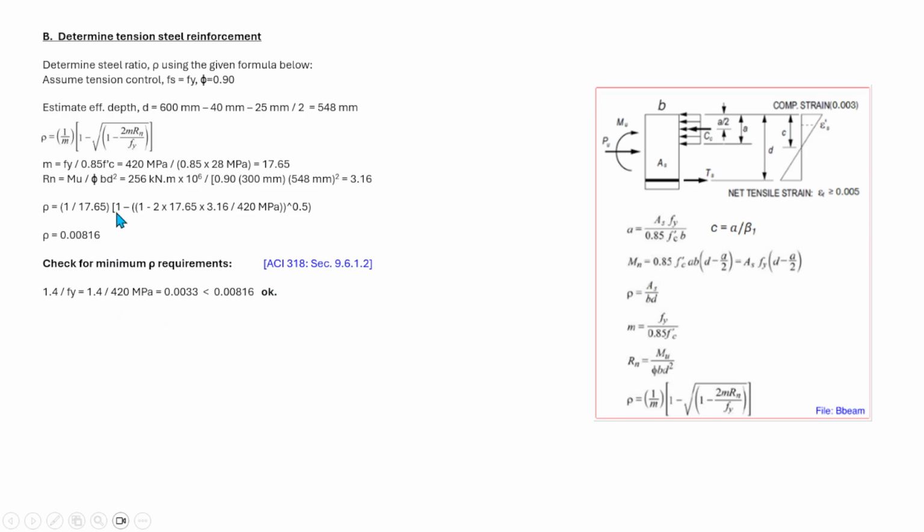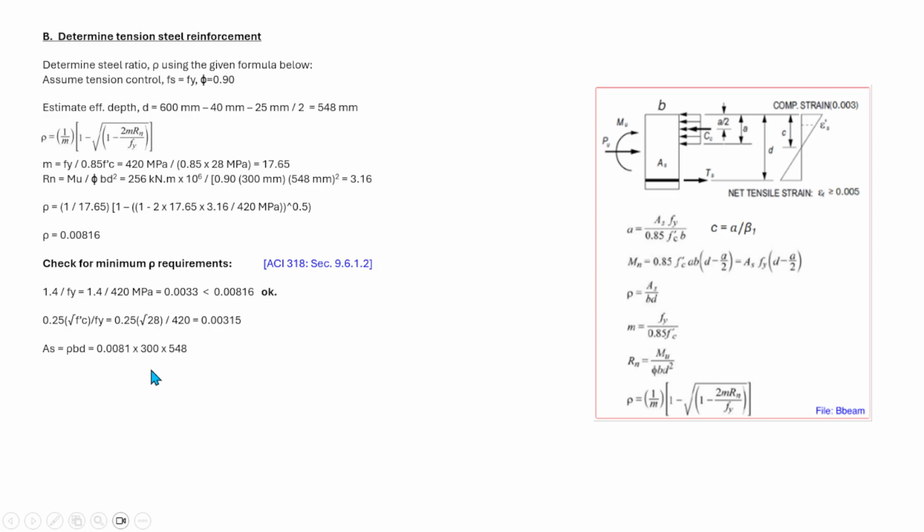So we are okay to use this one, which is the governing one. The second provision is 0.25 times the square root of fc prime over Fy, which is equal to 0.25 square root of 28 over 420, equal to 0.00315. And still, this is less than our actual steel ratio.